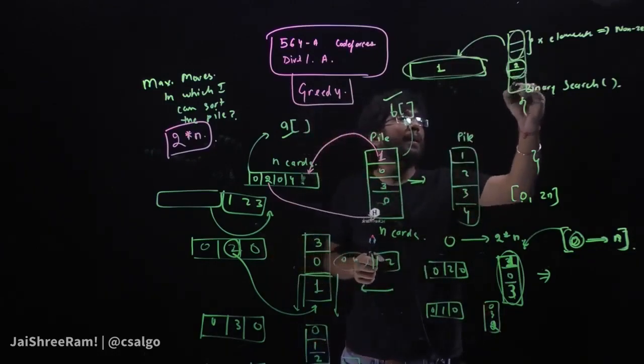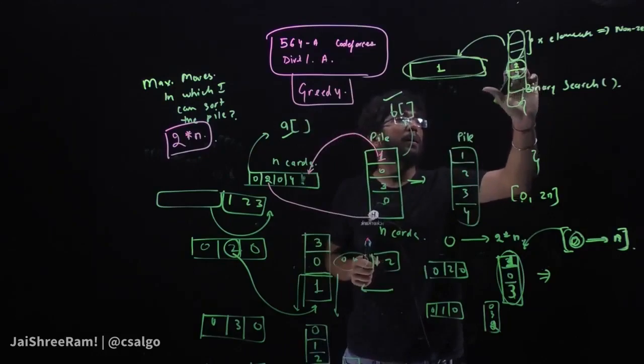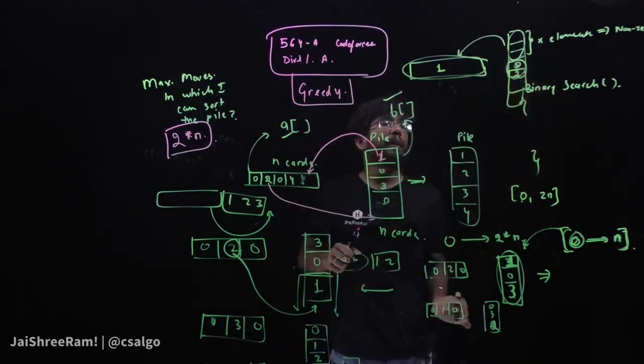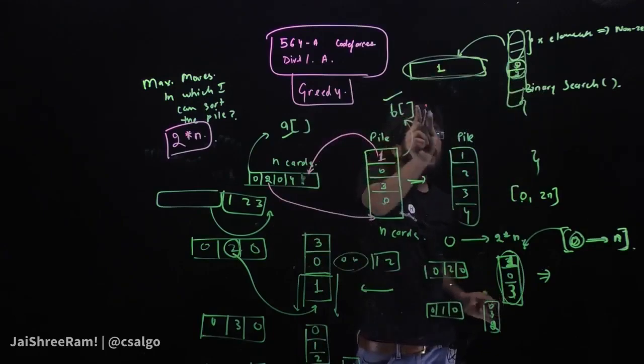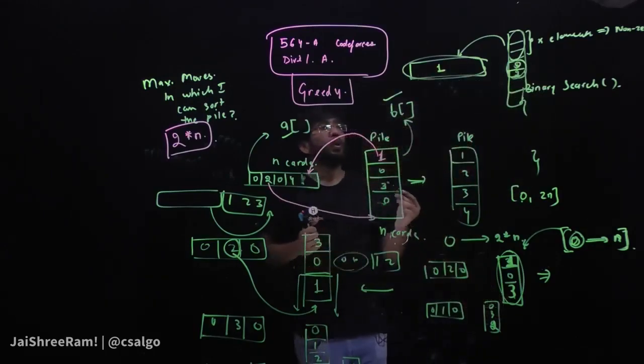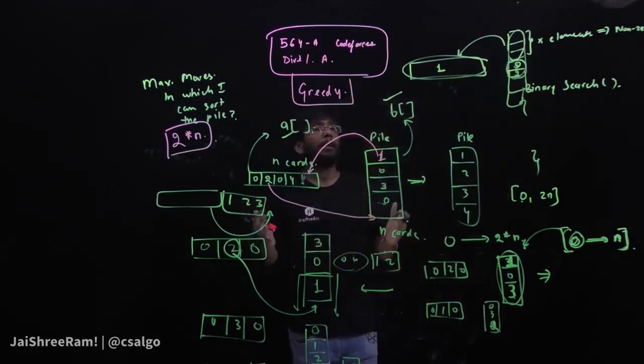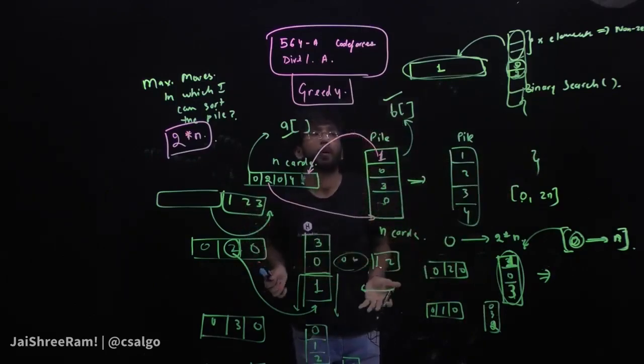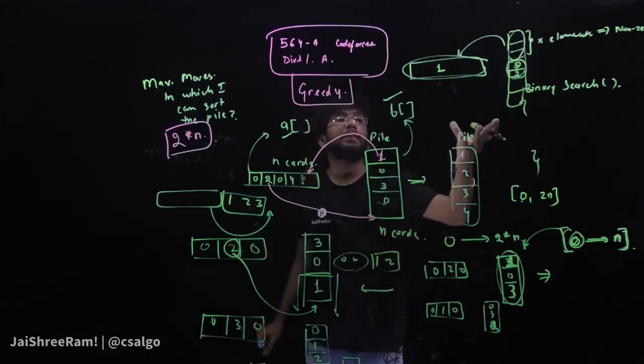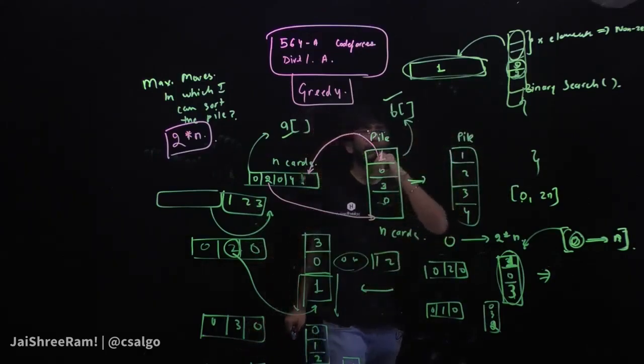Because if 2 is at some lower position, let's assume, then actually when I'll be searching for the x plus 1th element, 2 wouldn't actually be there. And so I have to insert some other number which would surely not give me the optimal answer. And this is the crux of the problem which you have to realize over here.